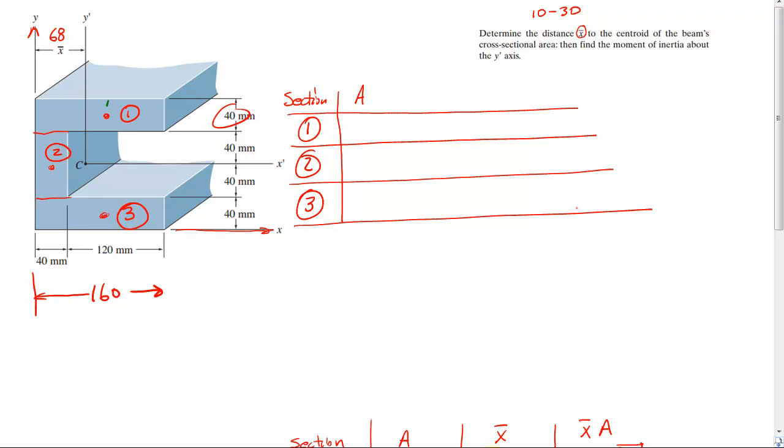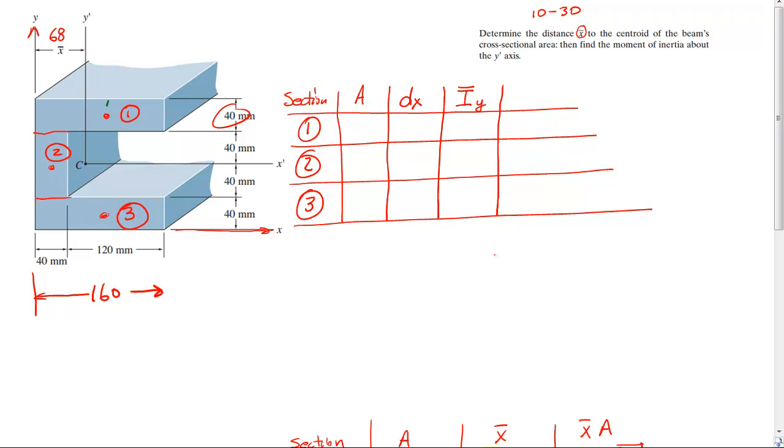Then I'll put the distance I have to move for that section. I will put the moment, this area moment, about the centroid of that section, and we'll describe each one of these.